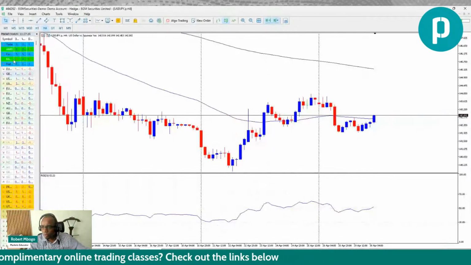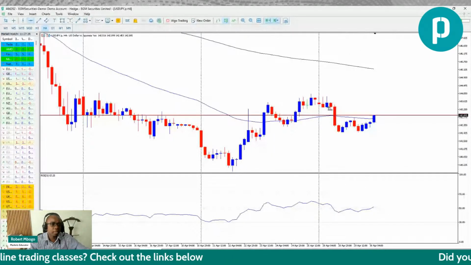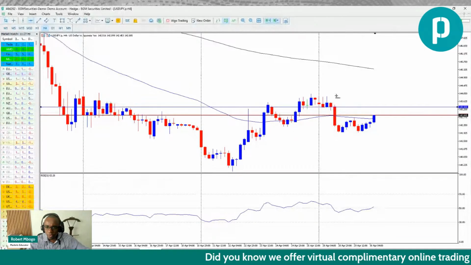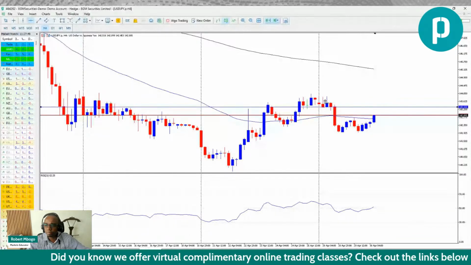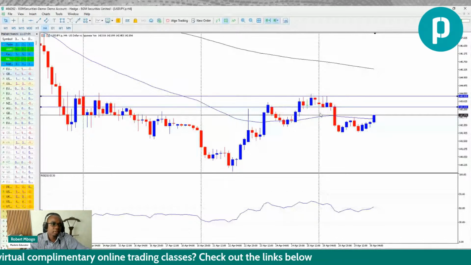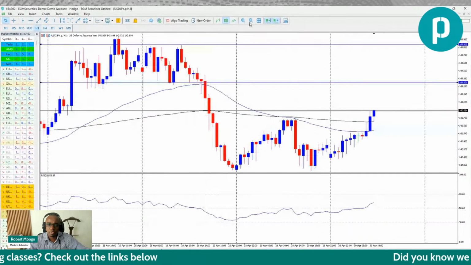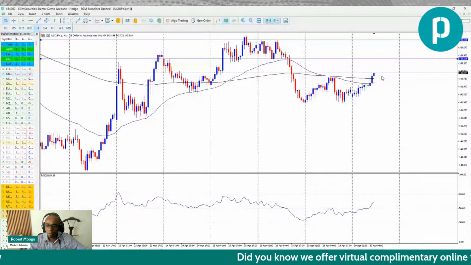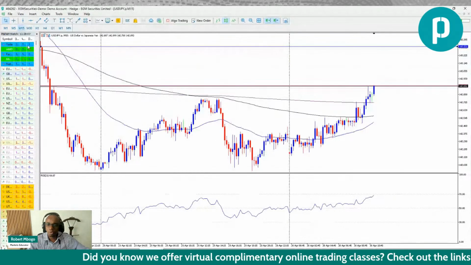That's an area, 143.30, that I would want to see USD JPY come to, and also the weekly high, which is the highest price in the week, which was Monday's high, right? So if you go to lower time frames, we should see this very well. This was the high of Monday, Tuesday and today, Wednesday. So I'm still looking at that bullish push on USD JPY.